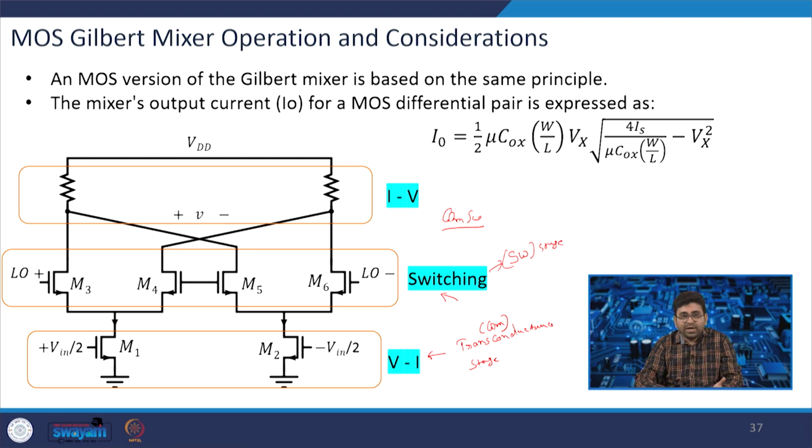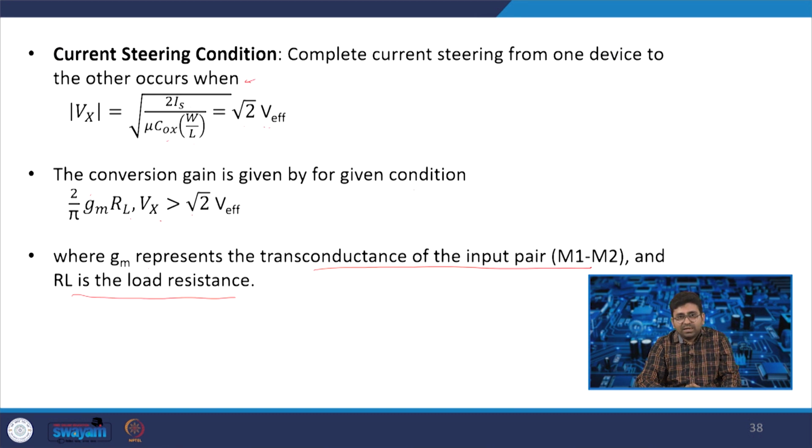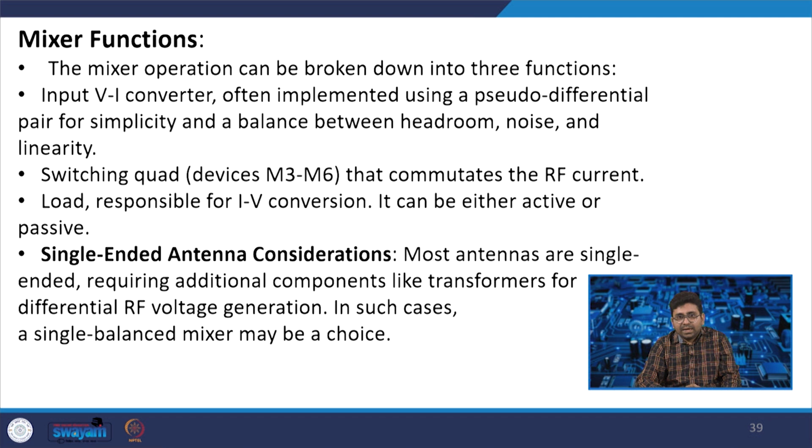Otherwise you can give the input on one side and ground the other, the way we use a differential amplifier, but it will have higher noise. That is why there is one more widely used configuration, the single balanced mixer.